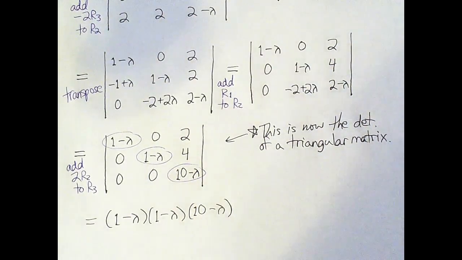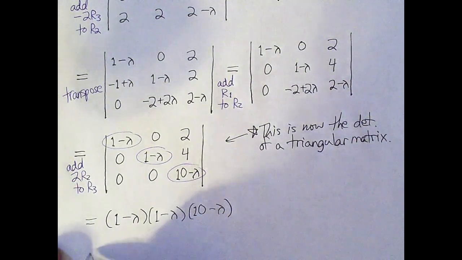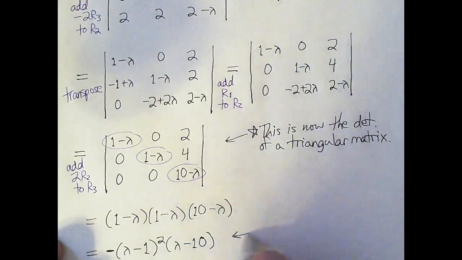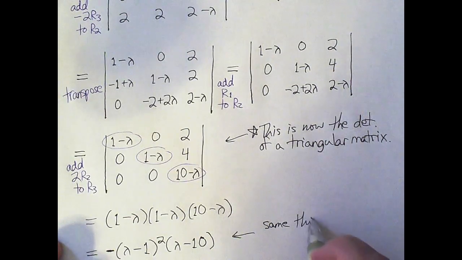And that is what we found earlier, except we wrote it a little differently. We had a negative out front, and it was (lambda minus 1) squared times (lambda minus 10). Same thing we found earlier.